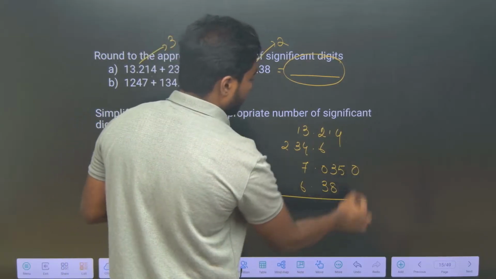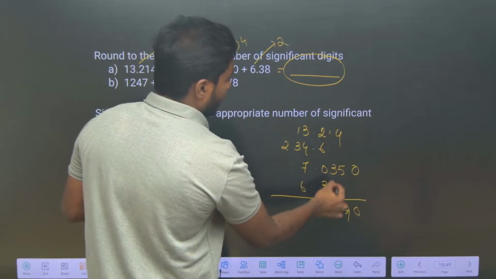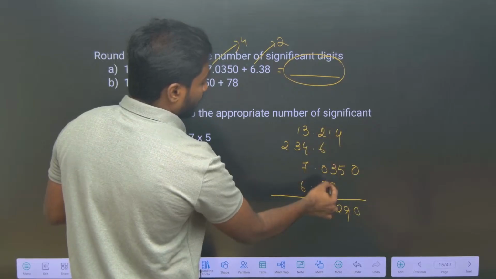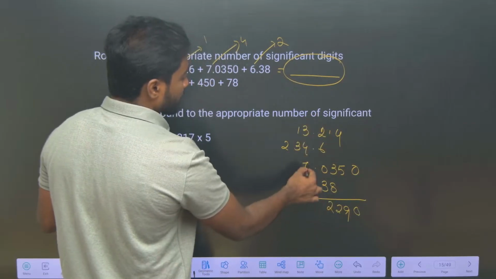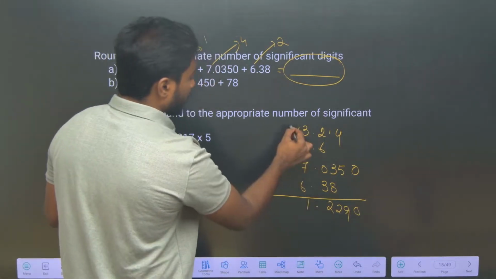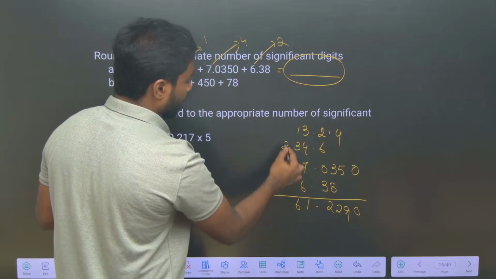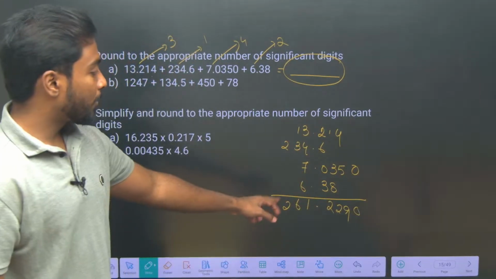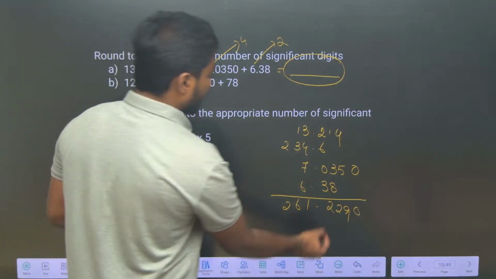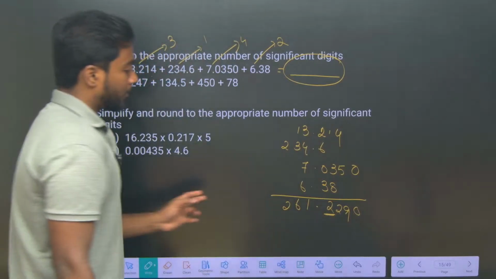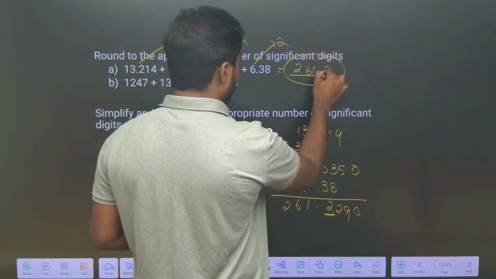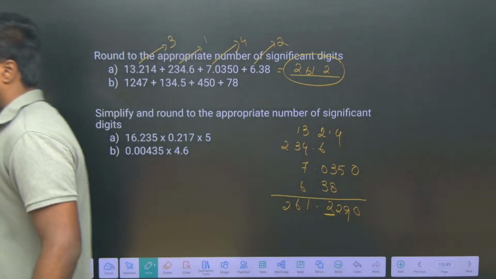So how much will I get? Adding them up, we get 261.2290. Now only 1 decimal I need to consider. I will consider up to this one. The next decimal is 2, which is less than 5. So the answer will be 261.2. That's it. This is my answer.